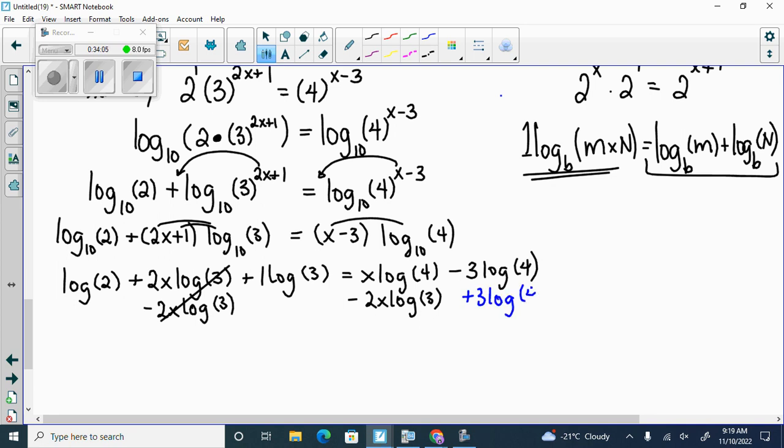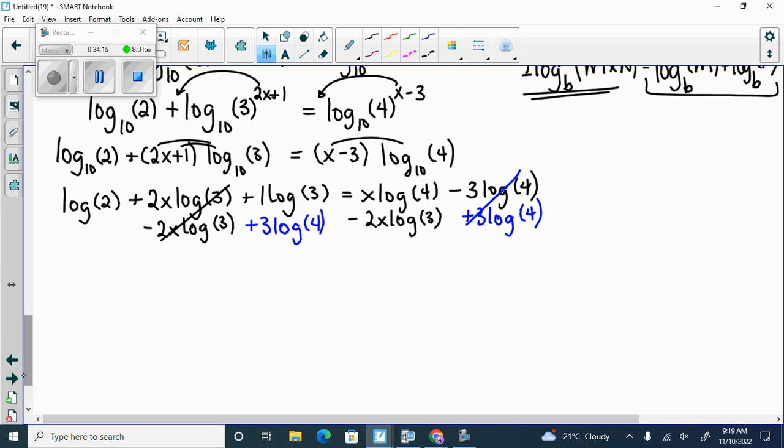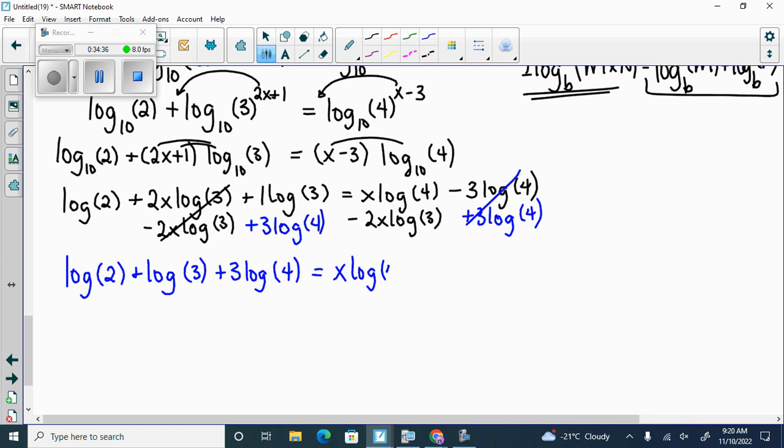So everything with just a log gets together, and everything with an x gets together. So I get log 2 plus log 3 plus 3 log 4 equals x log 4 minus 2x log 3.